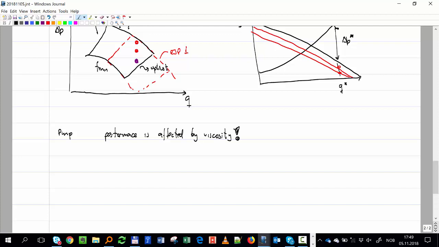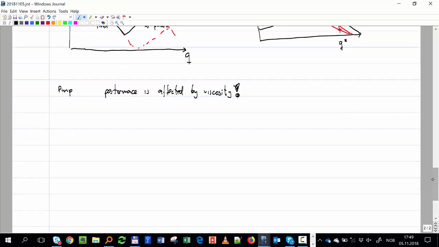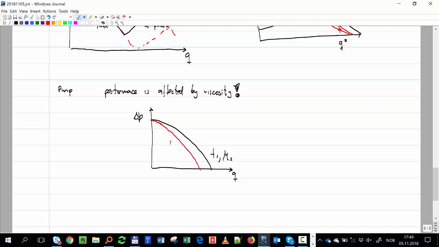That's very important because pumps are normally tested with water. Thus, you will always have an effect due to the viscosity of the oil. If we look at one particular frequency, let's say F1, and this is for a given viscosity 1. If you use the same frequency now, but for a higher viscosity, it will look something like that. F1, viscosity 2.